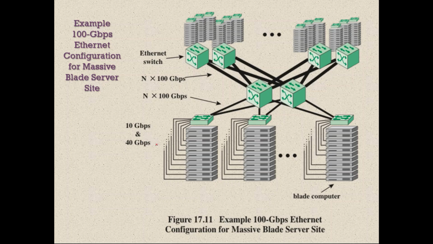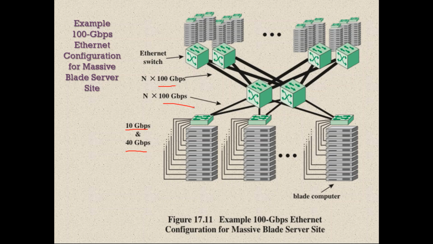Each blade server can communicate information to the network at the rate of 10 gigabits per second or 40 gigabits per second. The switches provide high speed connectivity, connected at the rate of 100 gigabits per second. So this is one of the common implementations of a cluster, through blade servers.